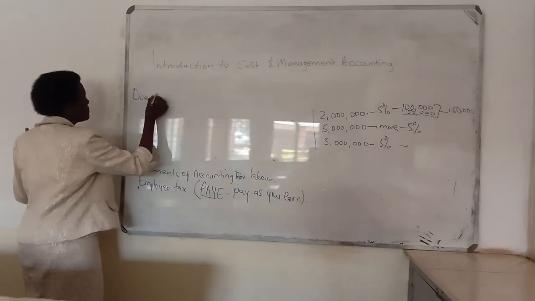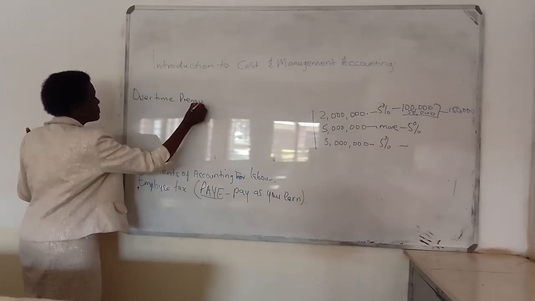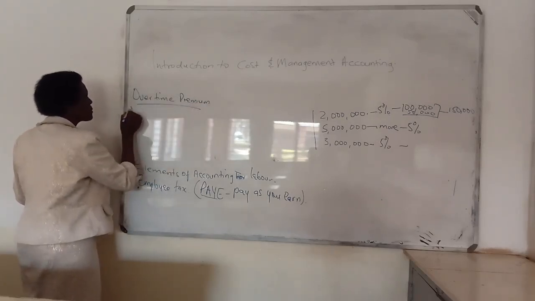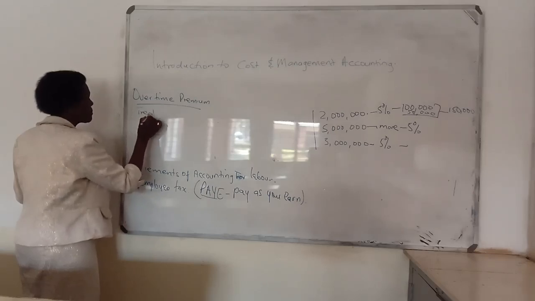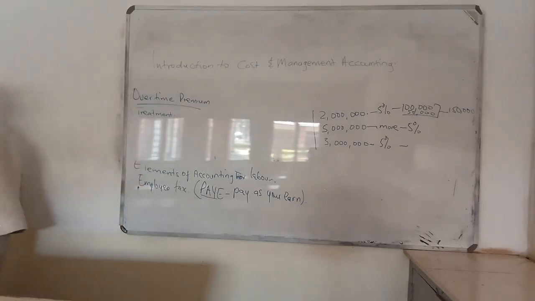Overtime premium. We have three treatments. First treatment of the overtime, we said that when we are talking about the first treatment, we are looking at, let's say, a random scheduling of the job.